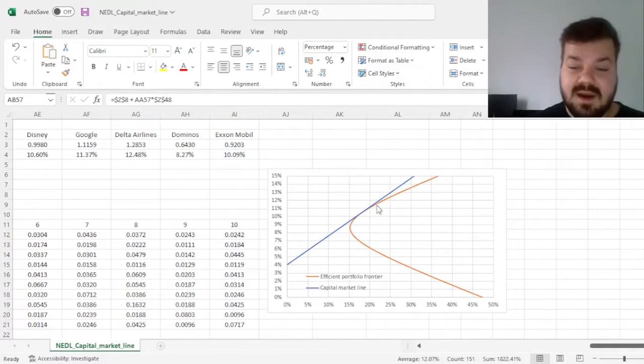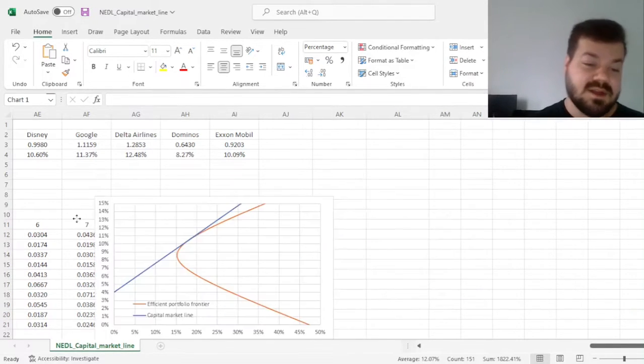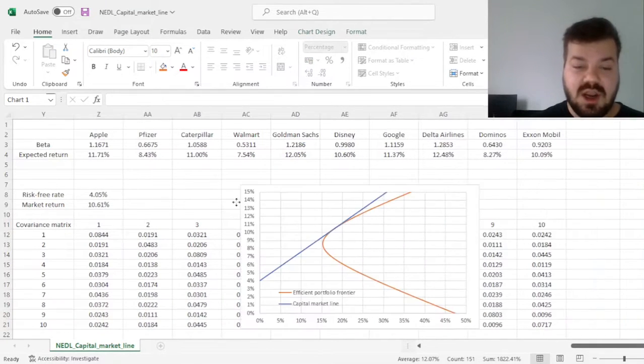We have got the capital market line that indeed just touches the efficient portfolio frontier in one point, which corresponds to the optimal scenario, the maximum Sharpe ratio that is still feasible given our feasible set of risky assets and given our risk-free asset. And what is even more illustrative is that we can change our input parameters.